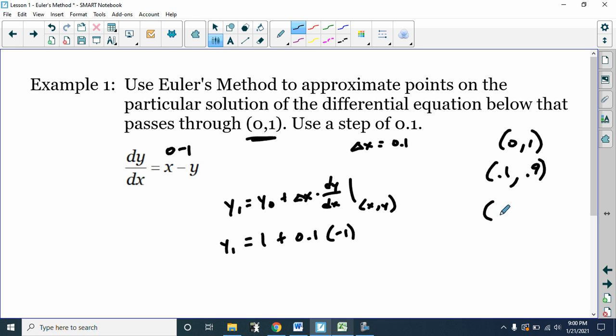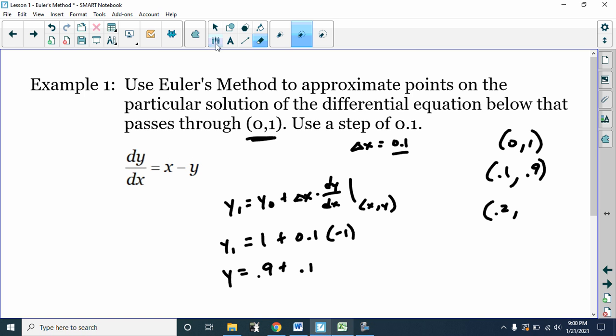The next point, I'm going up by 0.1s, so my next x would be 0.2. My new y value is equal to my old y value, 0.9, plus the step, 0.1, times the derivative evaluated at the previous point.